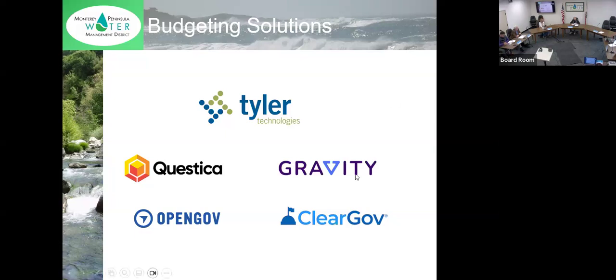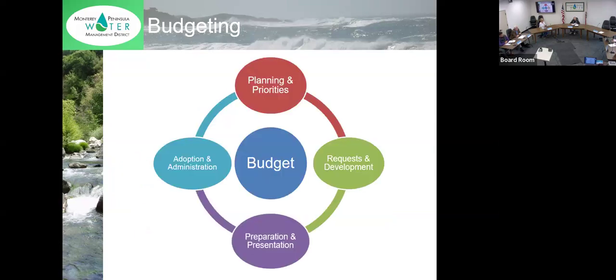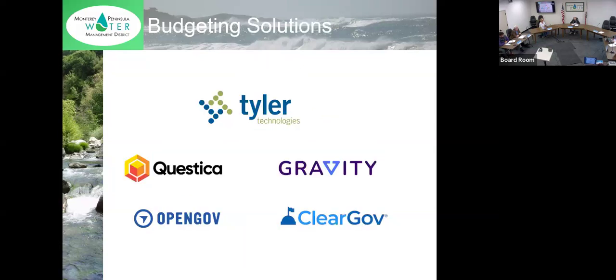And our recommendation is to go with Gravity because of several reasons. Number 1, it's the only solution that provides a standalone licensing for preparing a budget book. And it offers a solution that makes the process a little more automatic. So it has pre-formatted tables and Excel spreadsheets and Word files that kind of link together.